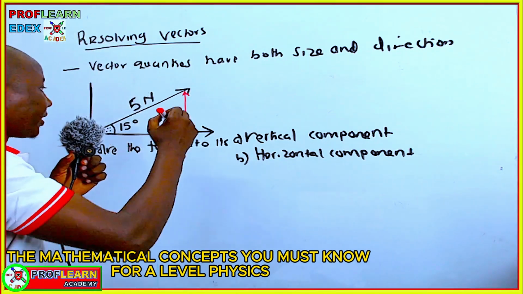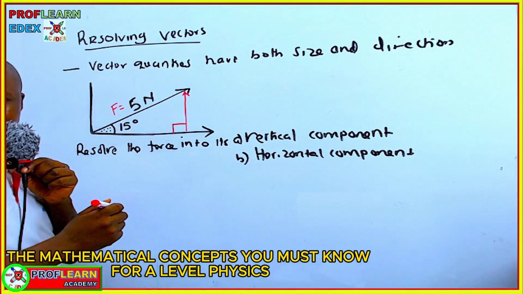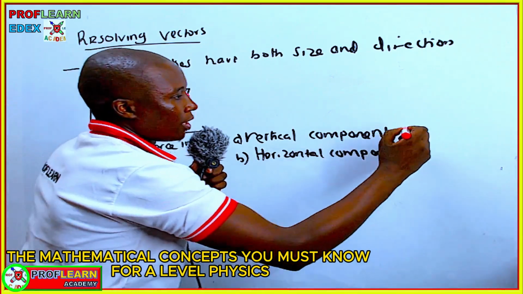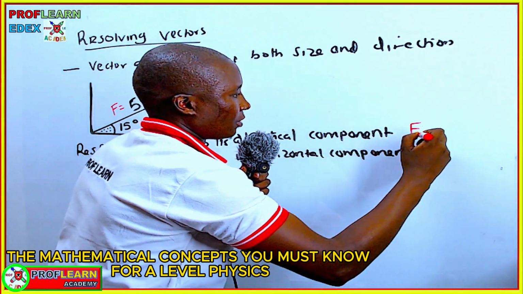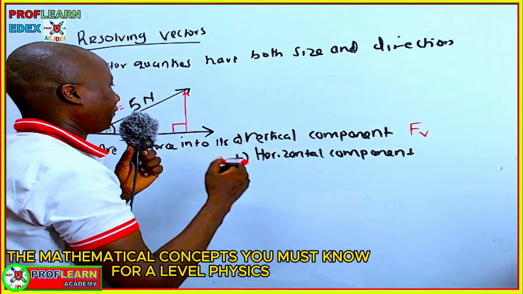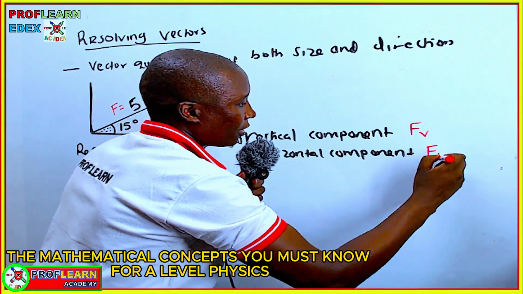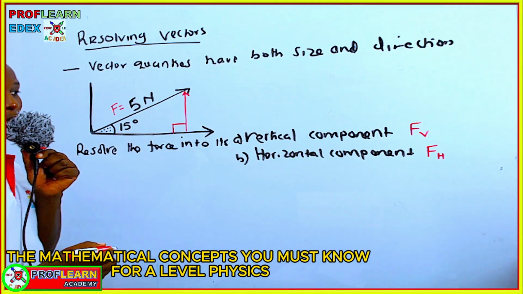But we need to know what is the vertical component of force F. So let's say this is our force F. Then the vertical component, let's call it FV, meaning the vertical component of F, and the horizontal component we're going to call FH, meaning the horizontal component of this force F.